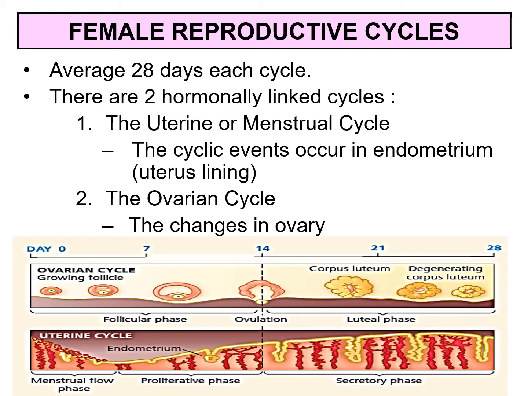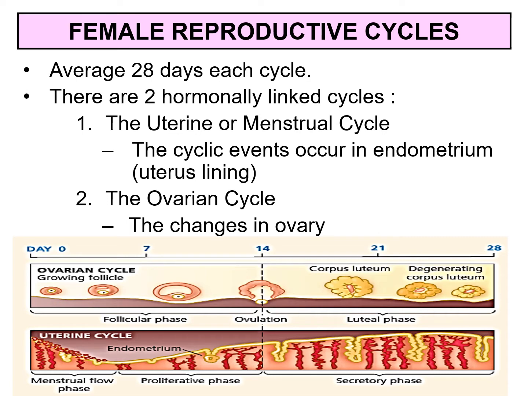Female reproductive cycles are explained based on 28 days of each cycle. So this is the ideal explanation, the easiest number to explain the cycles. Normally, in real life, the days might vary.